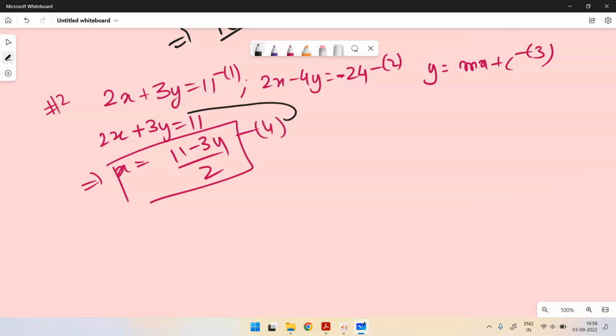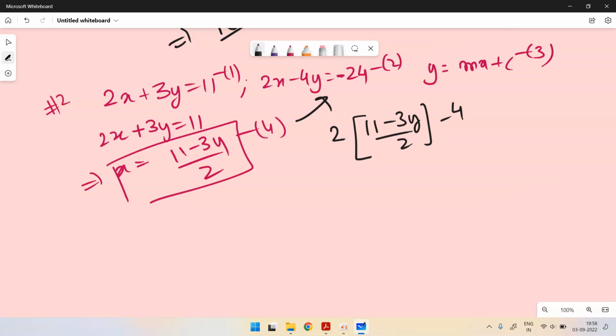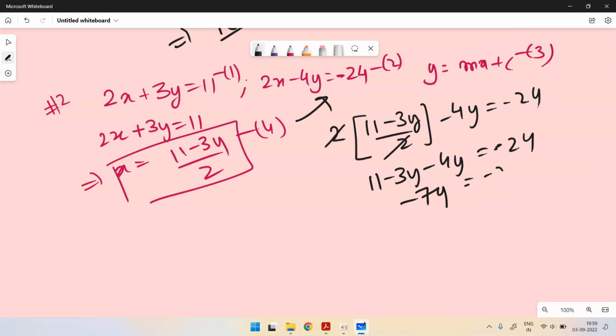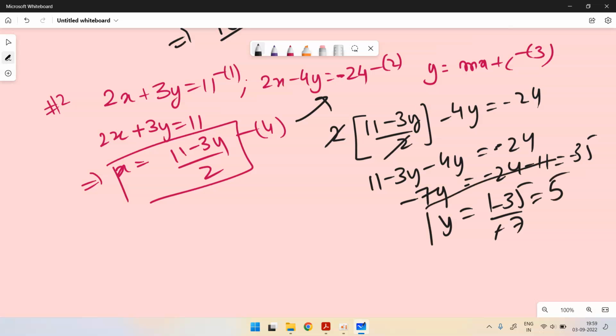Then putting equation number 4 in equation number 2, which implies that 2 into, in place of x you write, 11 minus 3y by 2, minus 4y equal to minus 24. Now the 2s get cancelled, so 11 minus 3y minus 4y equals minus 24, and from here it is minus 7y equal to minus 24 minus 11 equal to minus 35. So y equal to minus 35 by minus 7, and the value of y is 5.